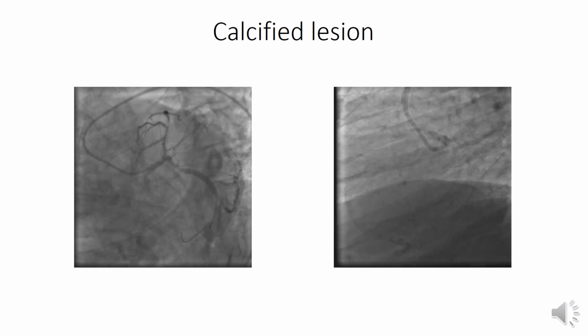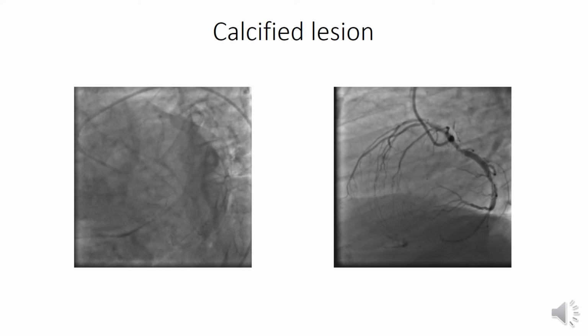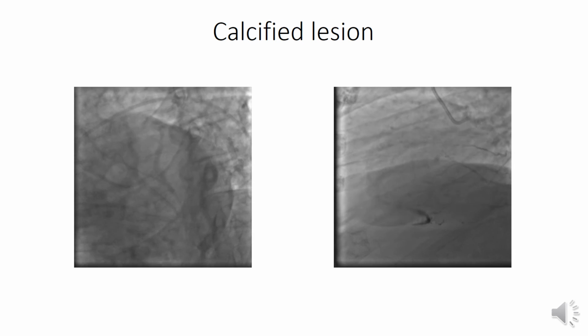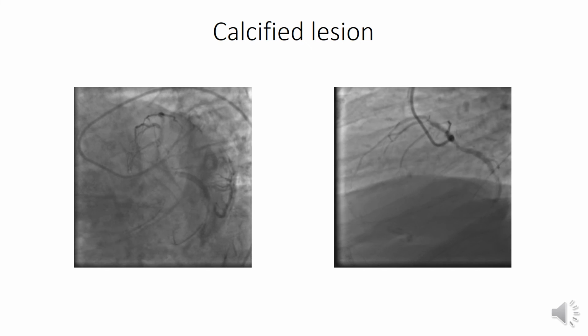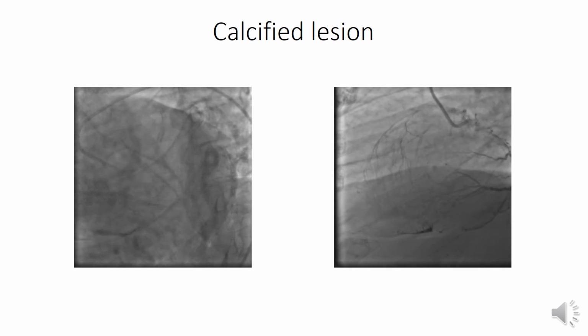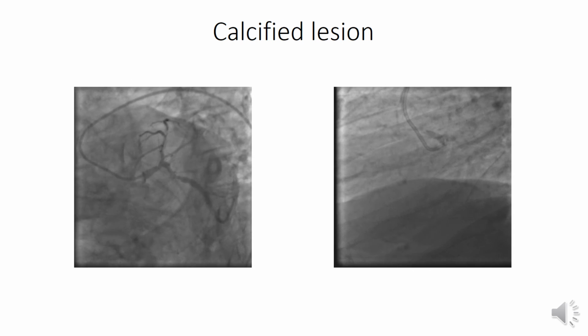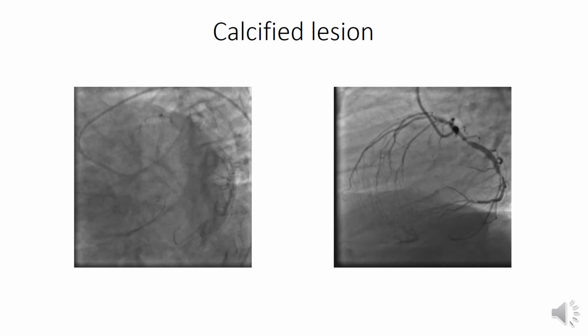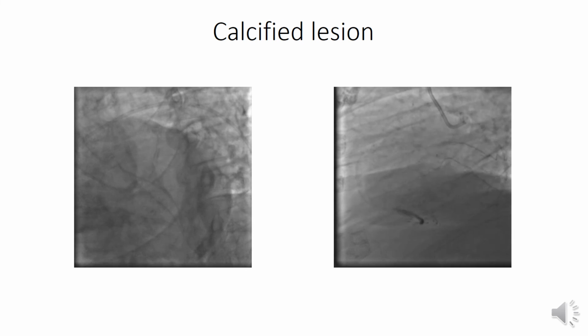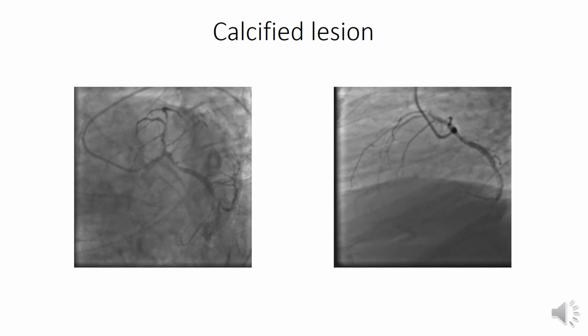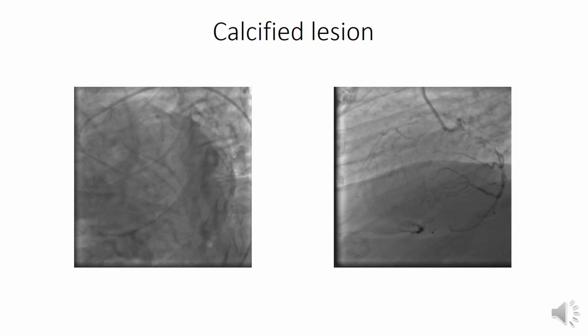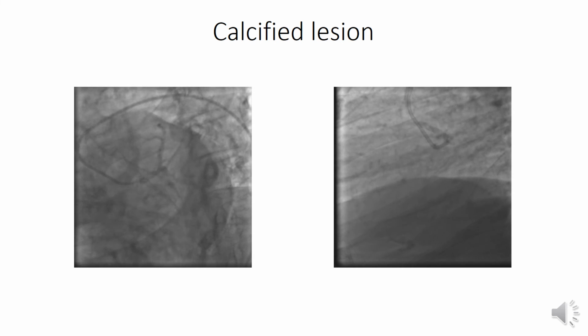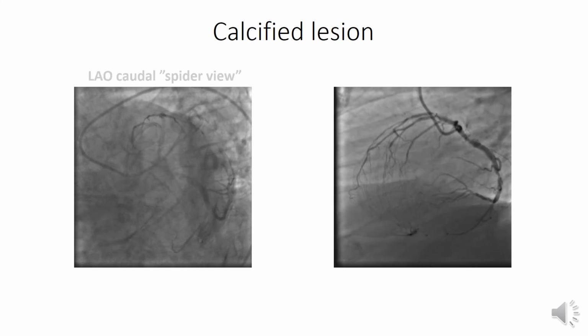Here is the spider view or left caudal view, and here is the lateral view. So if we have calcification that is seen in 2 orthogonal views, that means it might be exceeding 180 degrees of the vessel, or what is called circumferential calcification.